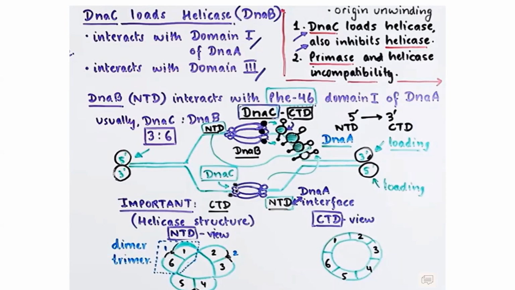And like the DNA C position on this helicase means that its interaction with DNA A is less frequent. So to sum up, we have the DNA B N-terminal interface and the DNA C interface that mediate some aspect of helicase loading.